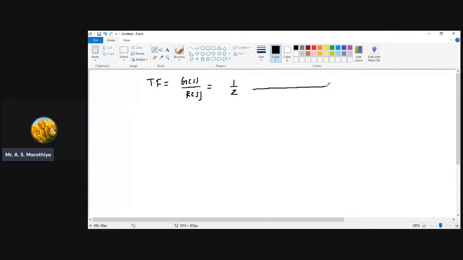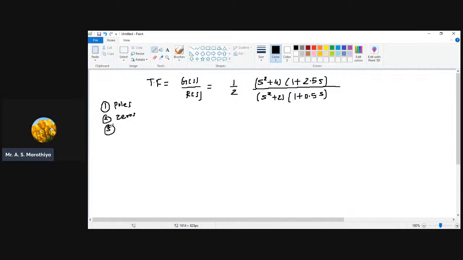Then we have some function in the numerator and some function in the denominator. The numerator polynomial function is s square plus 4, in bracket 1 plus 2.5 times s. Then the denominator is s square plus 2, in bracket 1 plus 0.5 into s. And here our objective is to find, number 1, the poles of the system, and number 2, the zeros of the system.